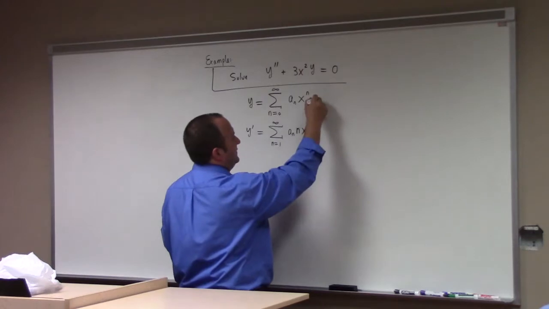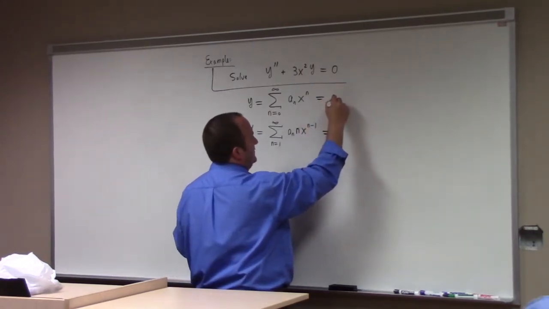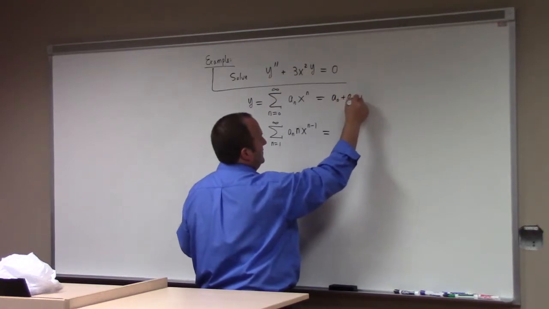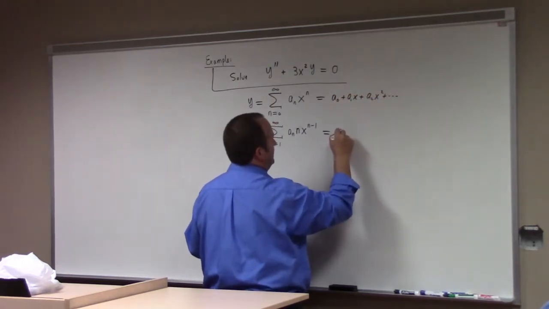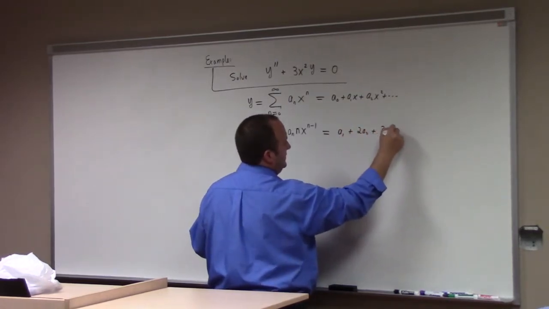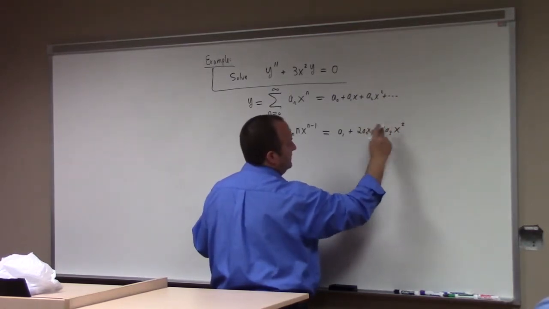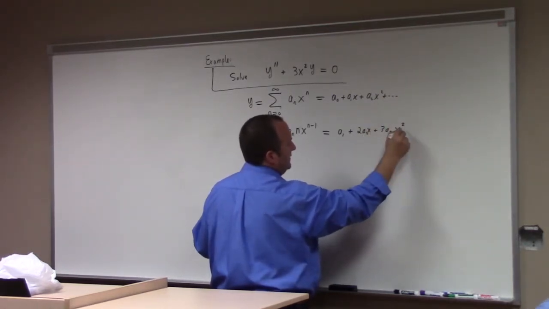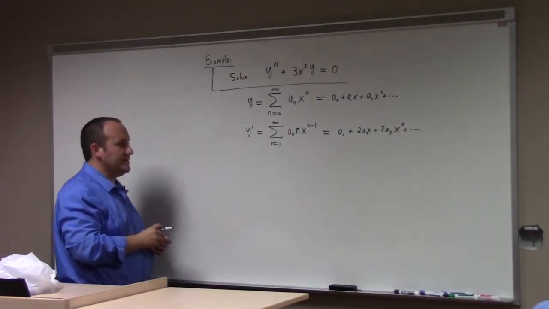Now, I could write out the first few terms in both of these just so you have a better sense of what we're doing. This is a0 plus a1x plus a2x squared plus and so on. This is just a1 plus 2a2x plus 3a3x squared plus and so on. What I wrote off to the right here, we don't really need to write.